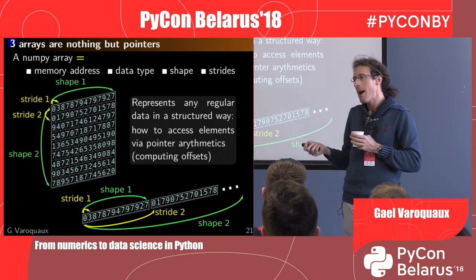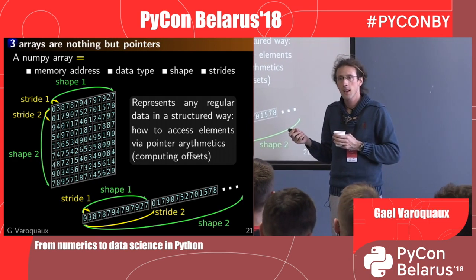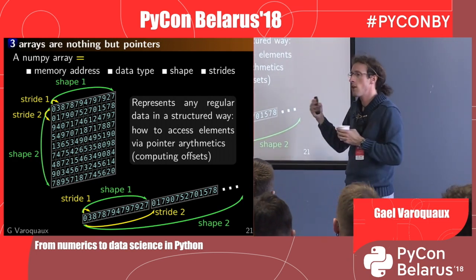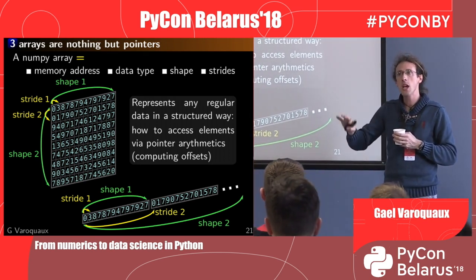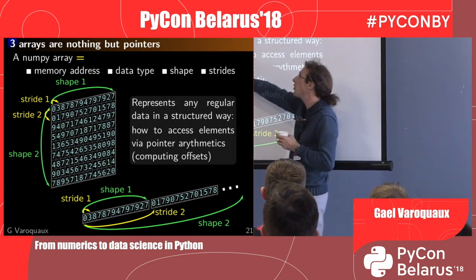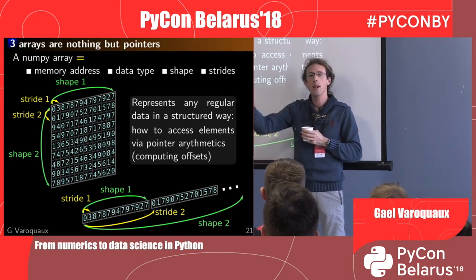In practice, arrays are nothing more than pointers. What a NumPy array is, is a memory address, so a pointer, a data type, and then a shape and a stride. Shape and strides are numbers that tell you how you're going to move across the memory when you're trying to address the different elements of the array.